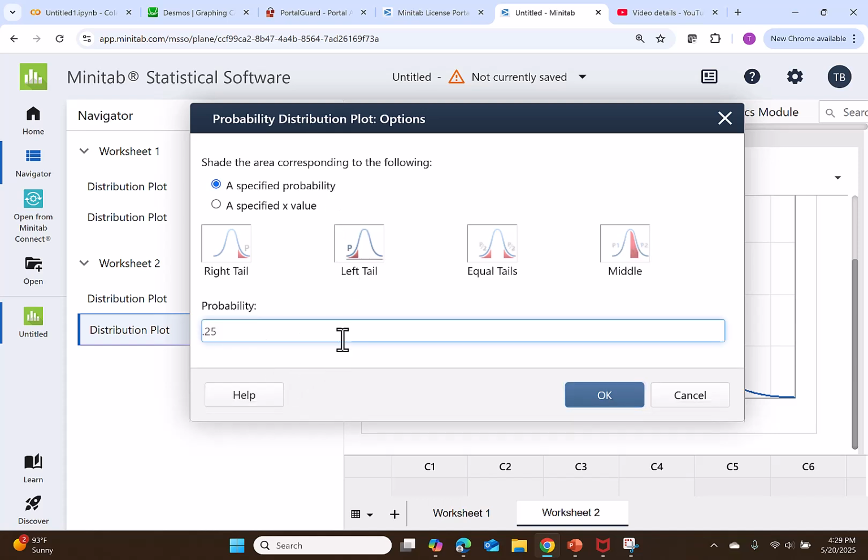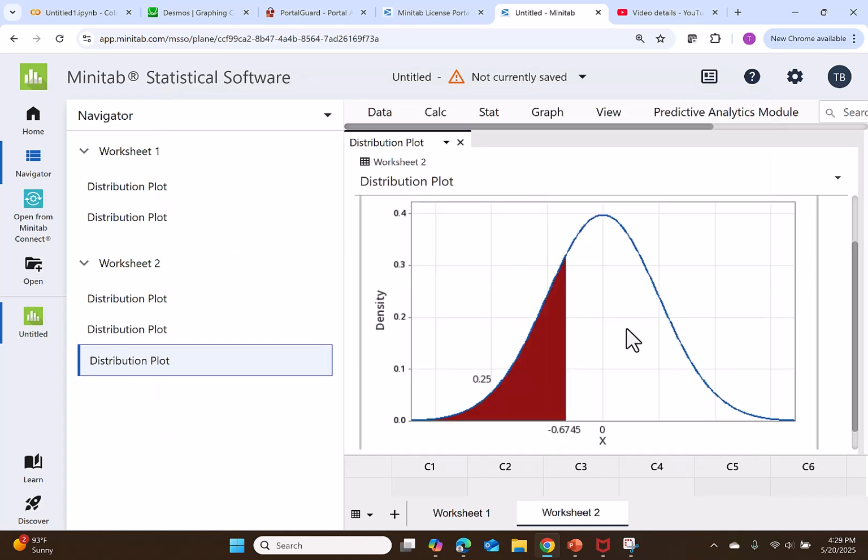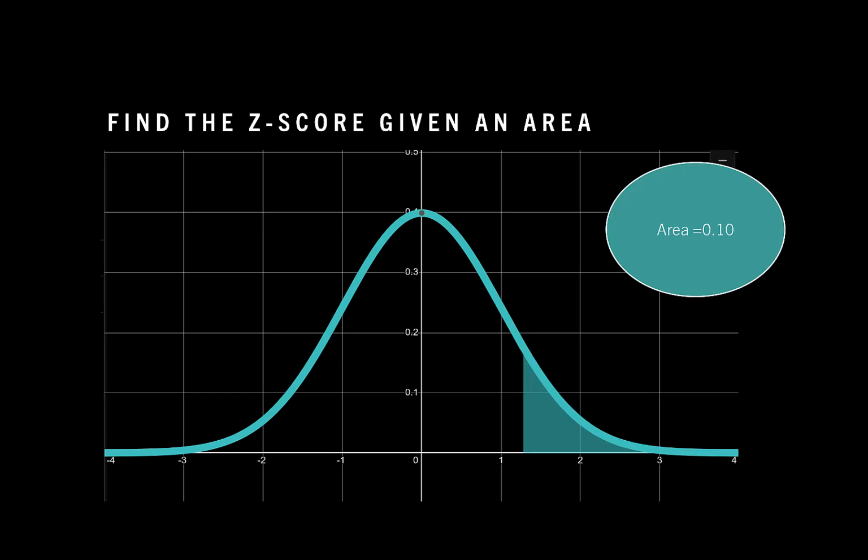Our specified value is 0.25, which is equal to the first quartile of the distribution. Looking at the graph, we see a z-score of negative 0.6745, which has 25% of the data falls to the left of negative 0.6745.